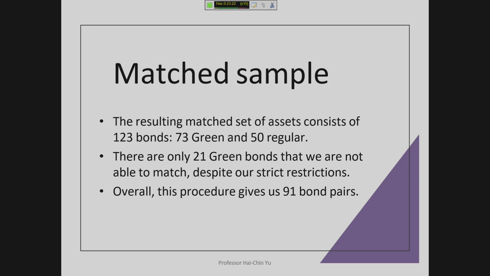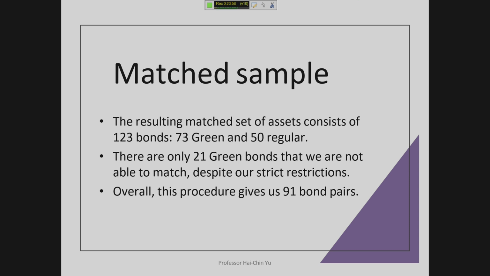So matching sample has this advantage when you cannot get the sample who issue both green bonds and regular bonds in the same year during the same period. So matching sample gets less, right? So 3 green and 50 regular, and there are only 21 green bonds that we cannot match.